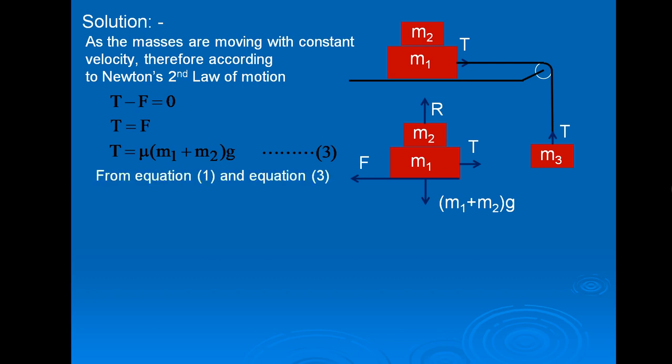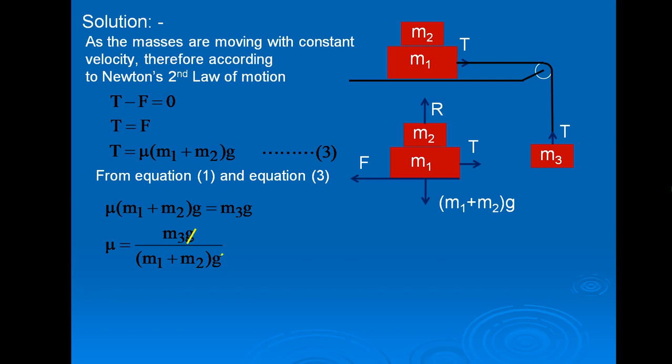From equation 1 and equation 3, the tension capital T is the same, therefore mu into m1 plus m2 into g is equal to m3g, or mu is equal to m3g upon m1 plus m2 into g.